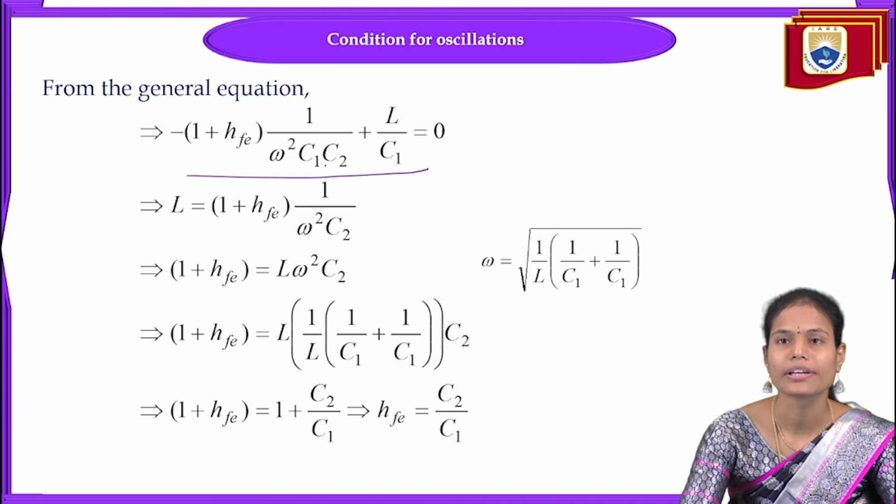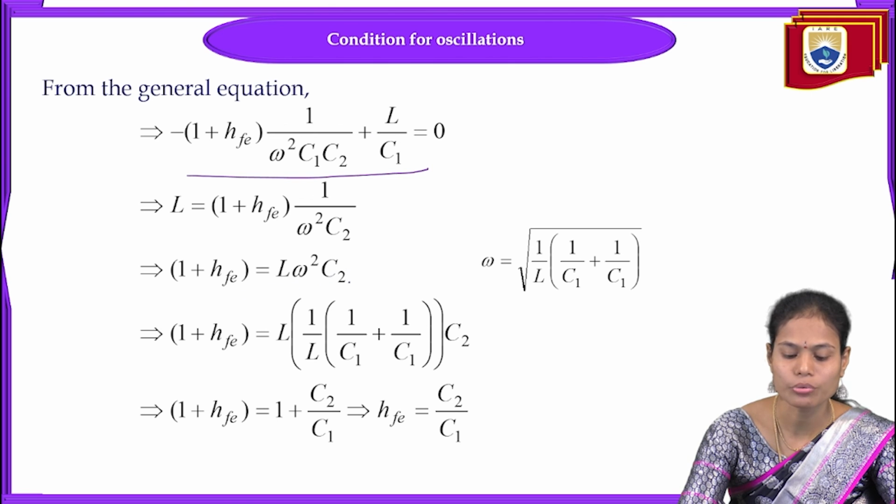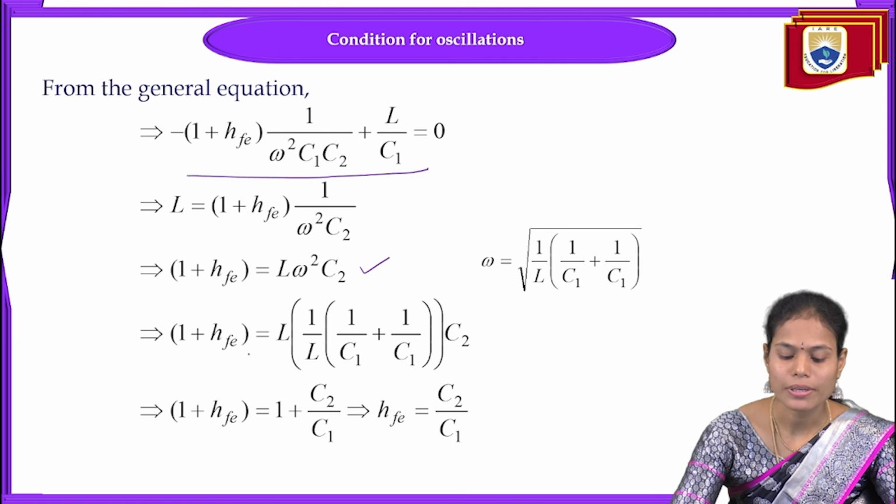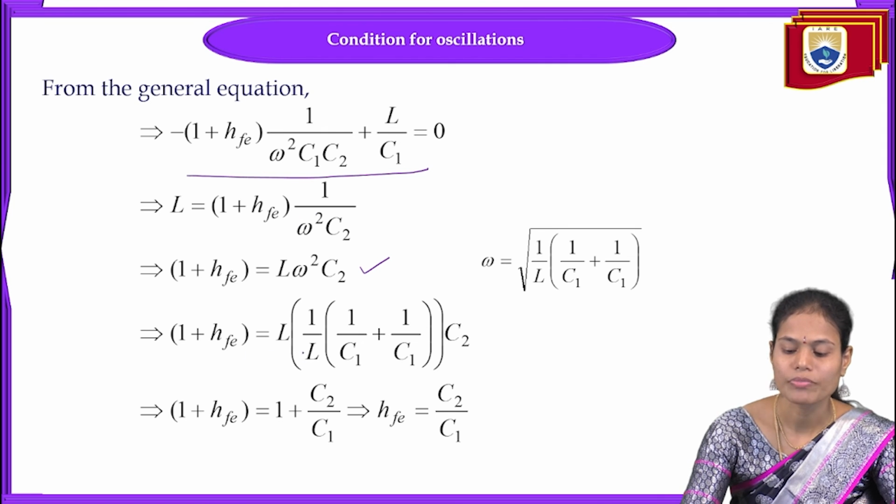This C1 will get cancelled if you take it to the right side. So 1 plus hFE equal to L omega square into C2 after cross multiplication, where omega square equals 1 by L into 1 by C1 plus 1 by C2. Why? Because one inductor, two capacitors.